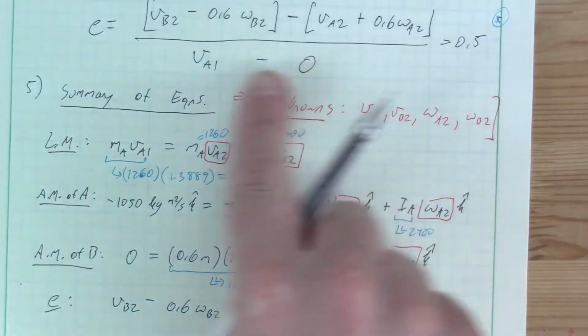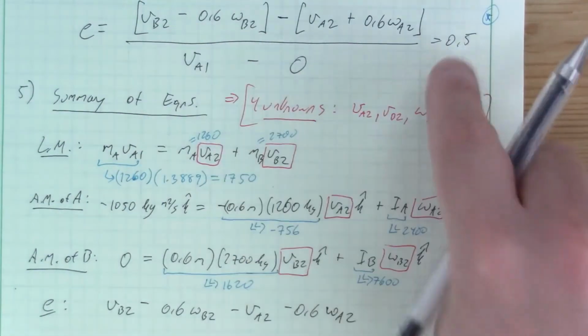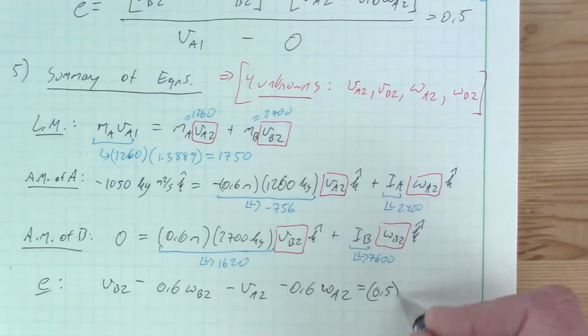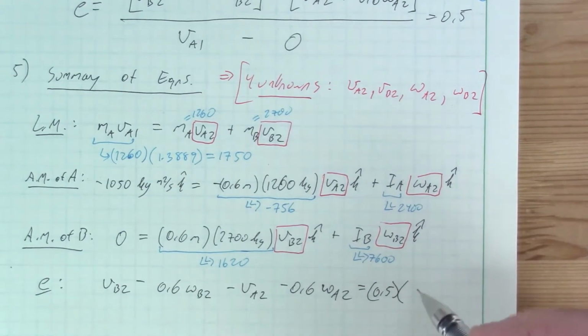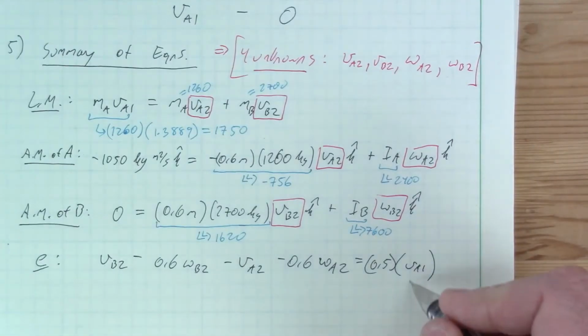That's right up here. That's basically just distributing the negatives into the numerator. Pull VA1 over. So this is 0.5 multiplied by VA1, which we'll plug in as one of these afterthoughts.